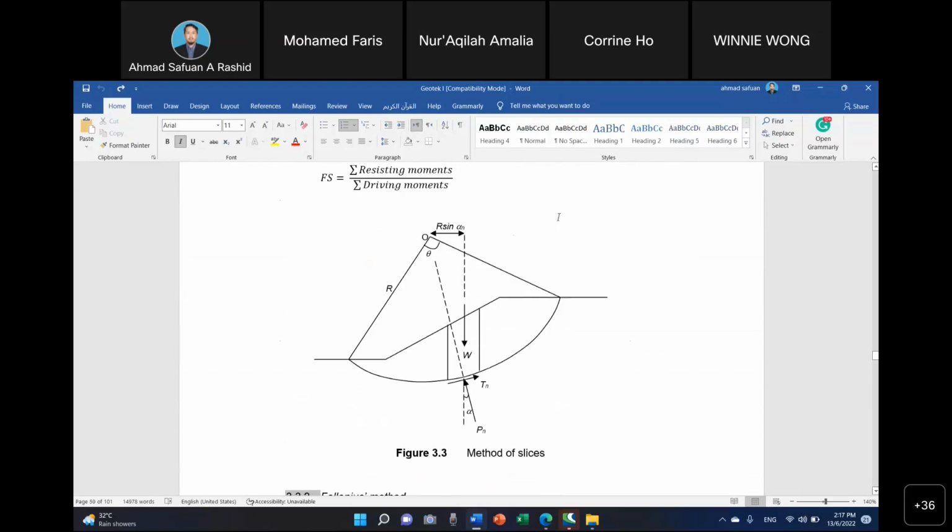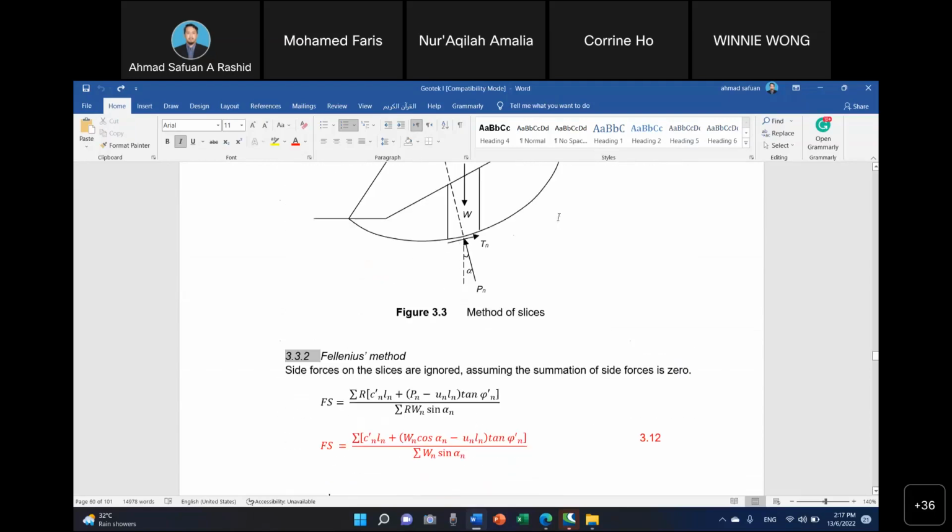So we have two types of approach for the method of slices. The first one is the Fillenius. Side force on the slice are ignored, assuming the summation of side force is zero.